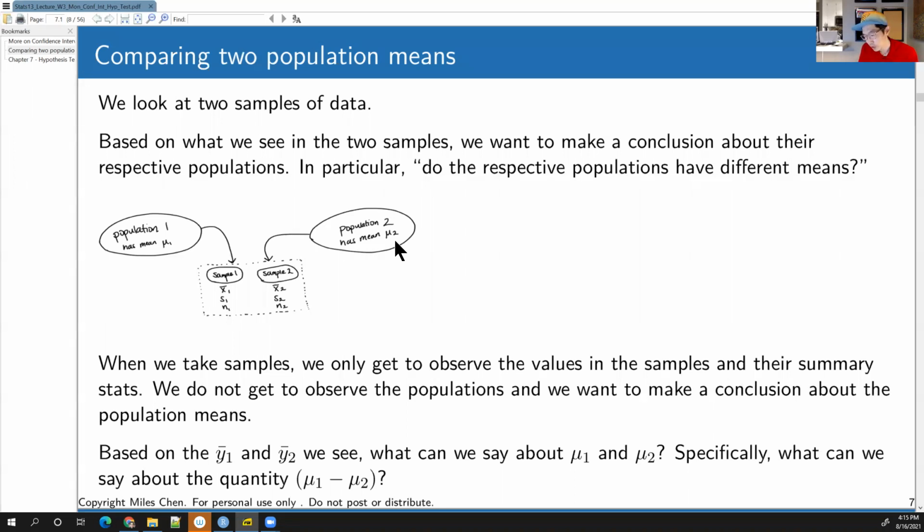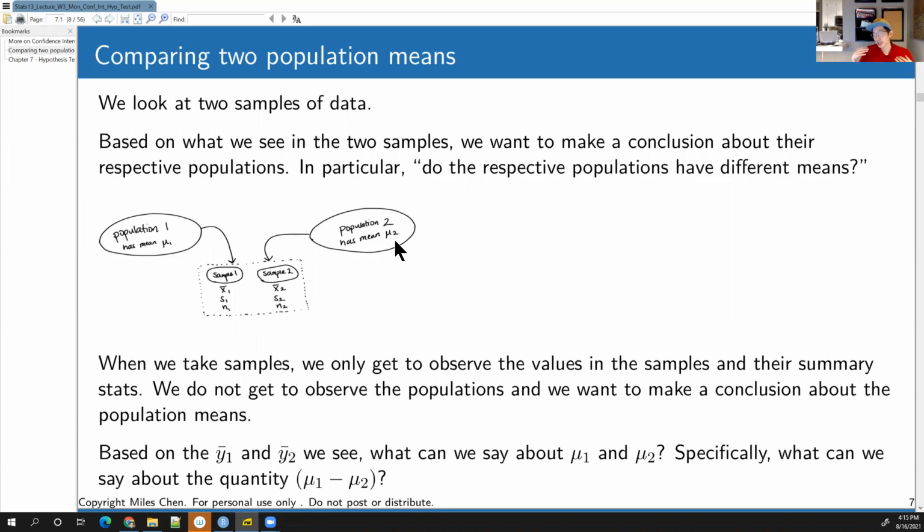Okay, because we know that our samples are subject to random forces. So it's possible that population one and population two have the same mean. You draw a sample from population one, and that sample, for whatever reason, has a mean that's too low. And you draw a sample from population two, and for whatever reason, again, just because of random chance, its mean is too high.